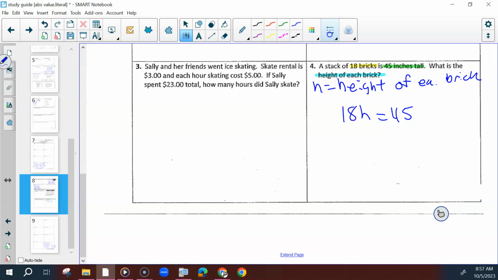Right, and then divide. Right, and then make sure you're putting labels. So these are in inches, so this can also be in inches. Other questions 1 through 3 there?